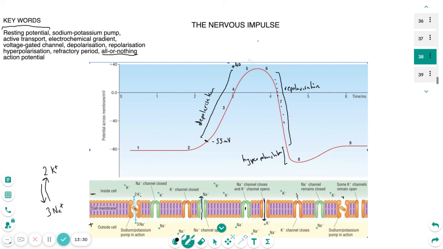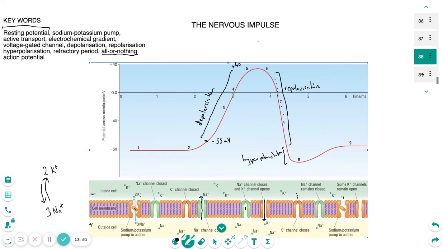So how is it we're able to distinguish between a small stimulus, such as a quiet sound, and a loud sound? Well, it's all going to come down to the frequency as to how many of these action potentials happen.